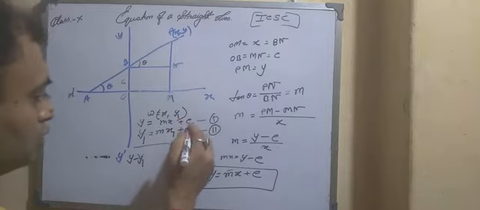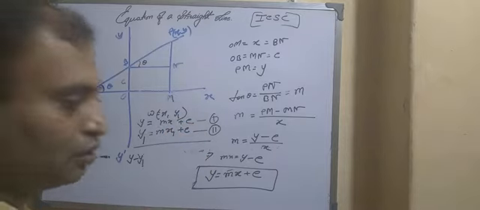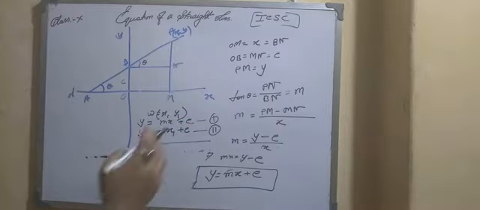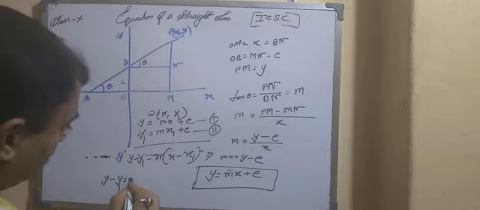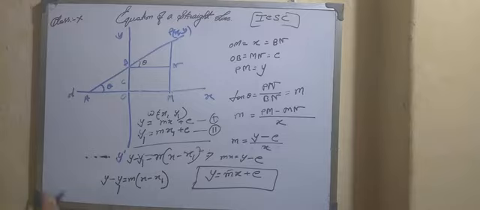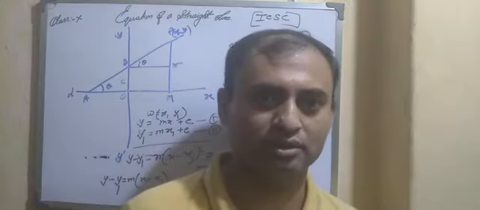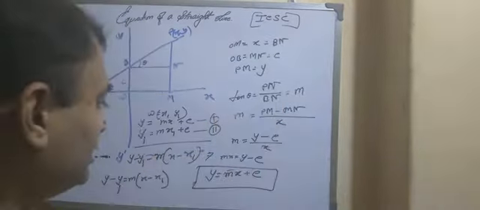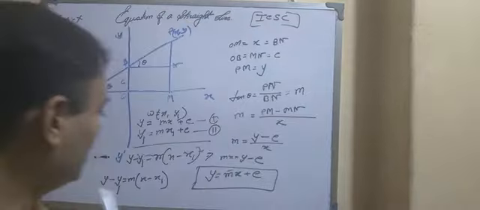Because C is unknown, so we have to remove this C. When one point is given, that time we use this equation. This is the one point and slope equation. One point is given and the slope is also given, so in this case we use this equation.